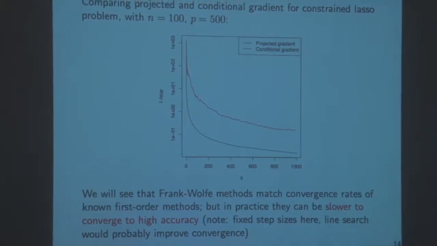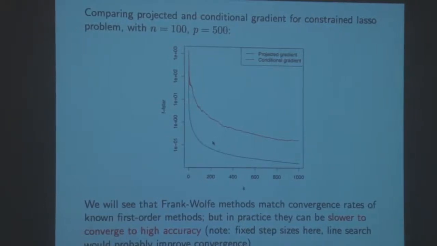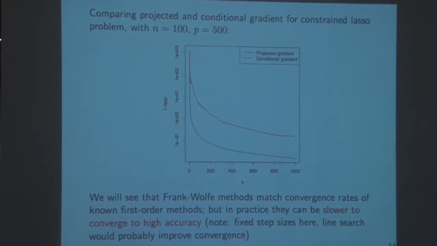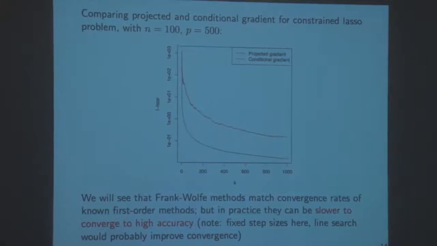Well, when you run examples, you can actually see that in practice it has slower convergence than first-order methods. Even though it gets the same rate, in principle a 1 over epsilon rate, which I'm at least going to state, practical examples show that each iteration makes less progress in terms of convergence to high accuracy.